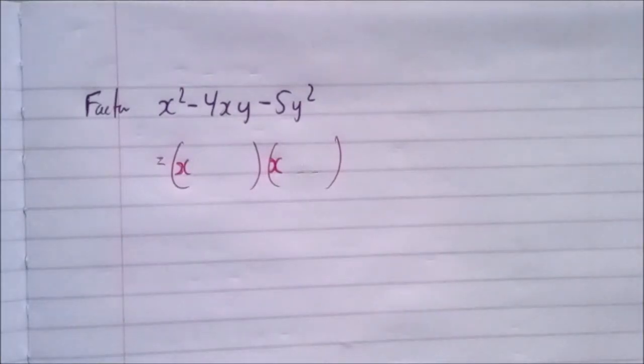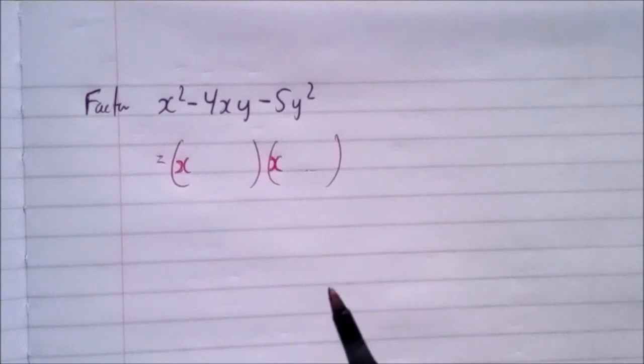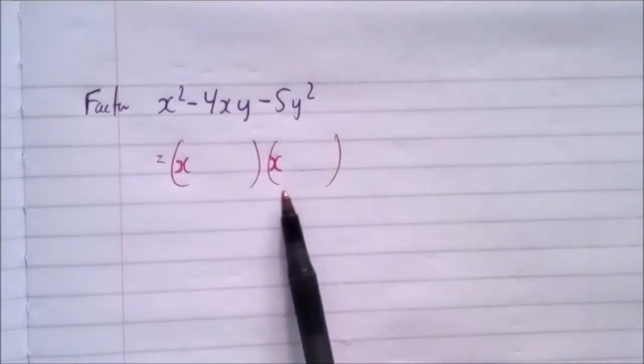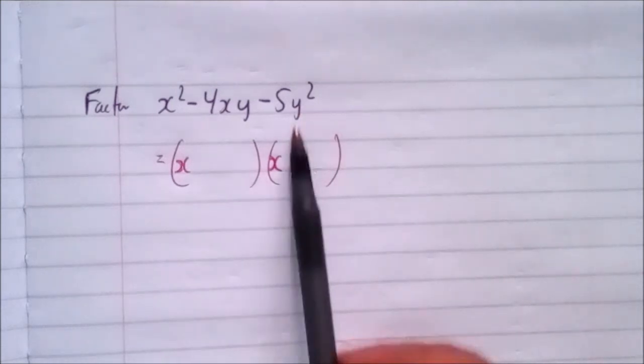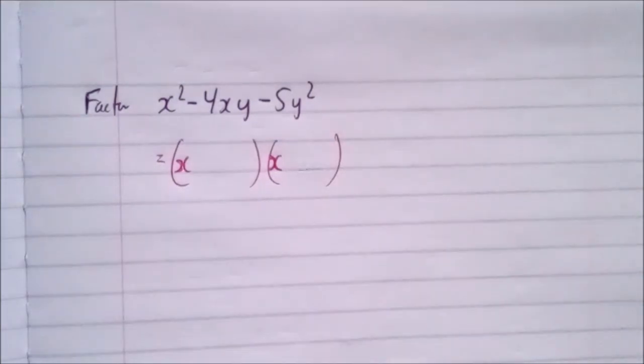Now, to fill in these blank spaces, we must find two expressions whose product is the last term. So how can we get this negative 5y squared, and that will give us the middle term, negative 4y?